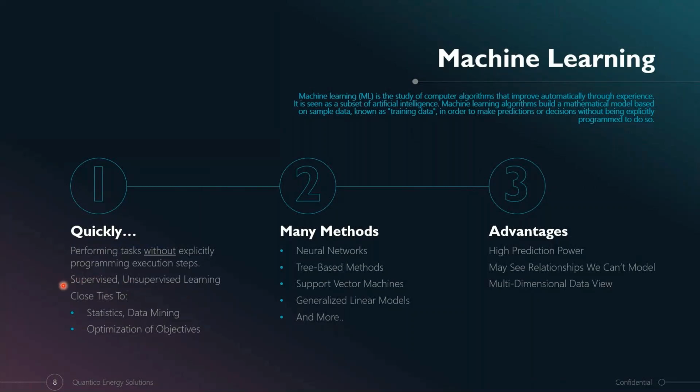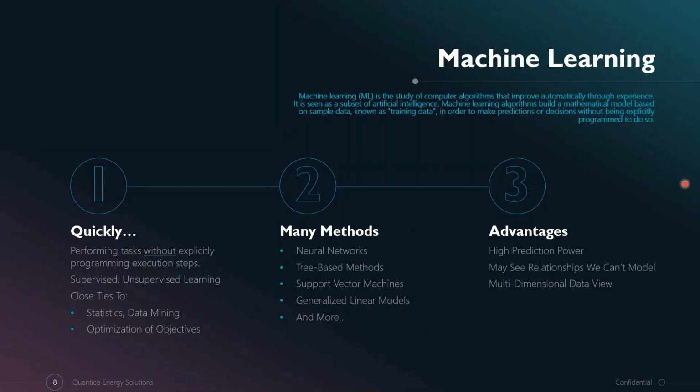And all of these methods are closely related to or include a lot of statistics, data mining, pattern recognition, and mathematical optimization. And here are some examples of methods that are currently utilized in machine learning. The most popular ones are neural networks, support vector machines, and we have been actually using generalized linear models for a very long time in our discipline.